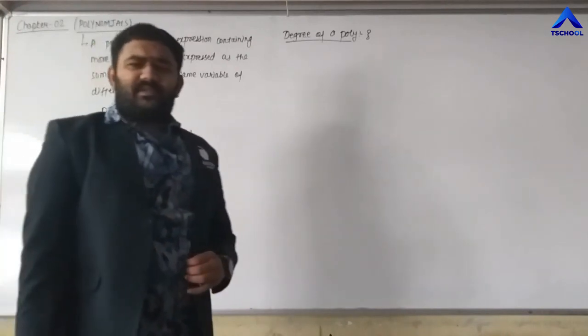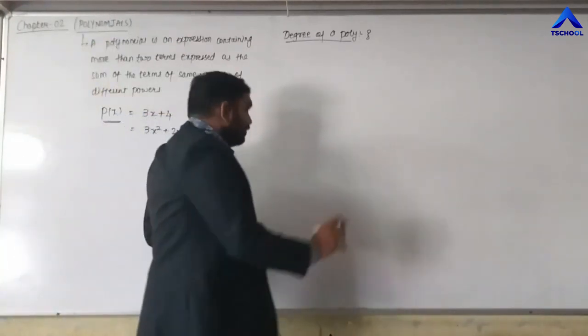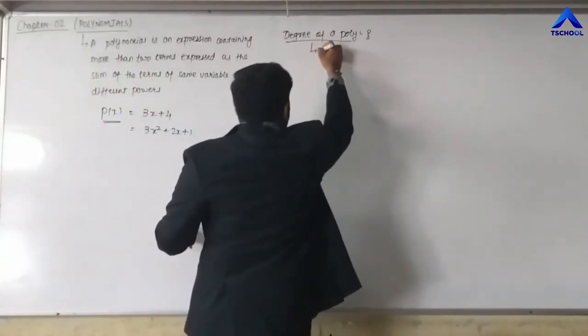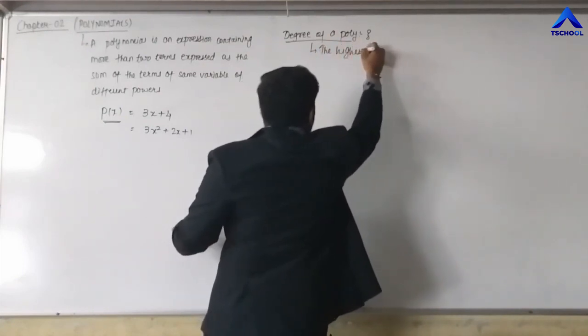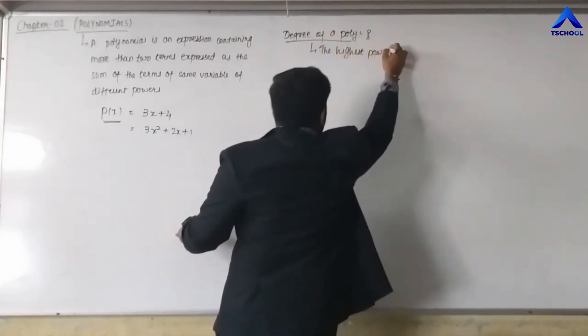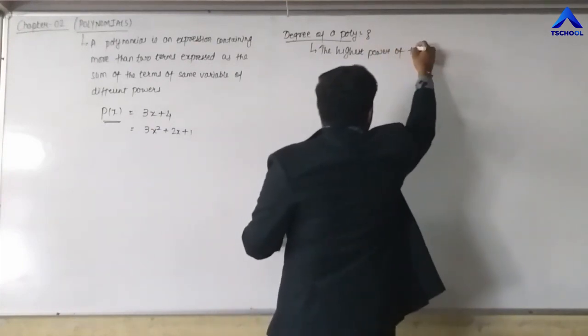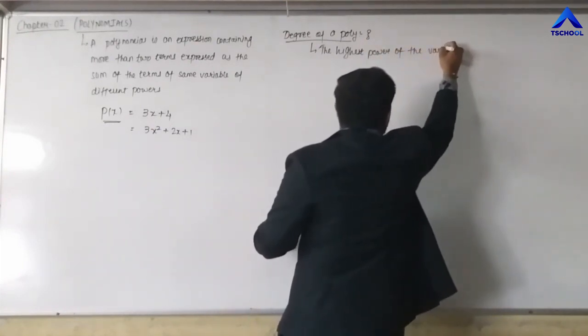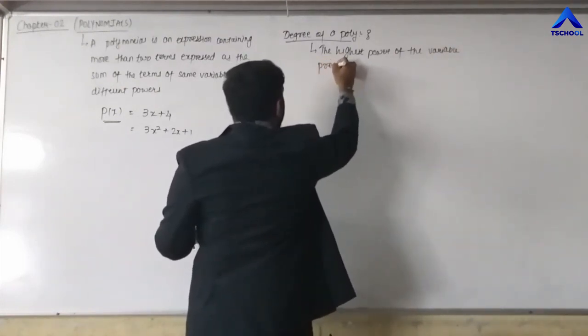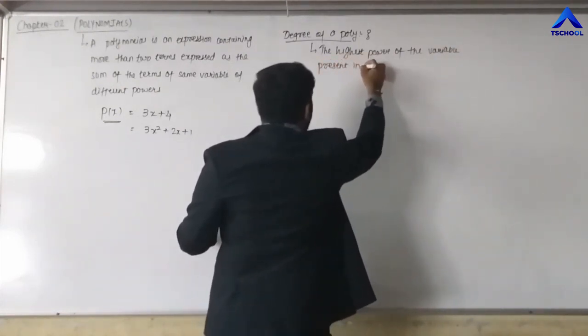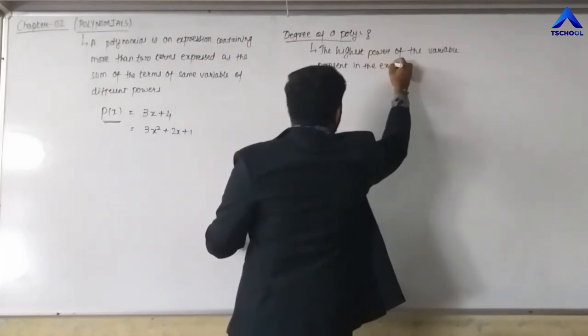The degree of the polynomial basically means the highest power of the variable present in the expression.